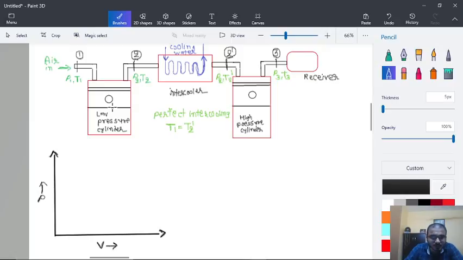First we will focus on the compression process, and we will consider both compressions as polytropic, which is the practical case.